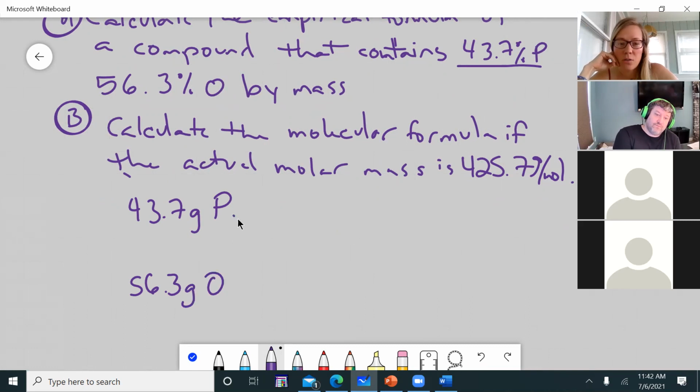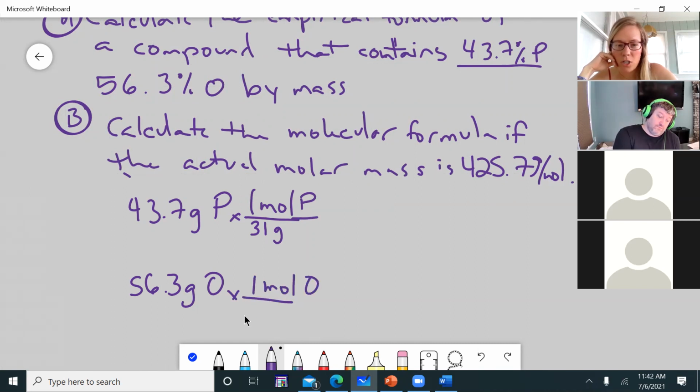We're going to convert these. 1 mole of phosphorus is roughly 31 grams, and 1 mole of oxygen is 16 grams.